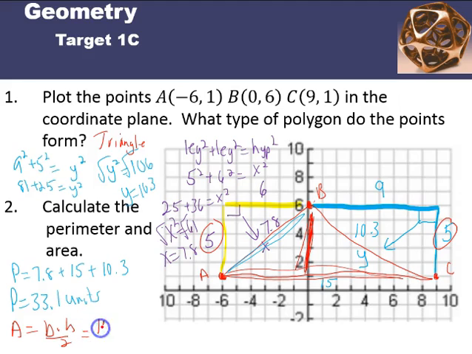So my base was 15, my height was 5, and I divide by 2. And I get 75 halves. And I could leave my answer like that, or I can divide it out, and I get 37.5. And that would be units squared.